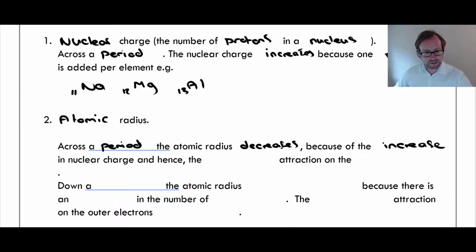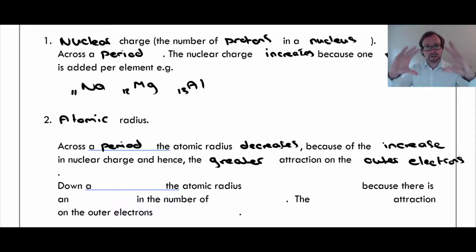So because of the increase in nuclear charge, and hence the greater attraction on the outer electrons. So what do I mean by that? I mean that as we increase the nuclear charge, the outer electrons are held more tightly, so they're held closer to the nucleus. The atomic radius across a period decreases slightly.